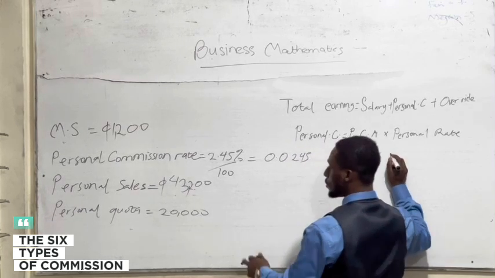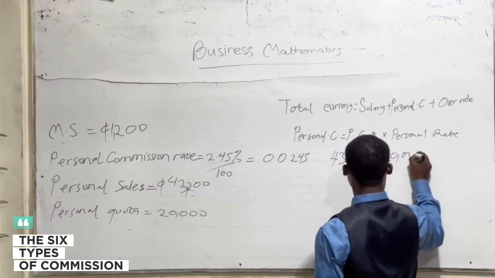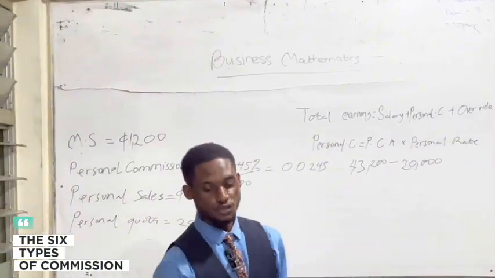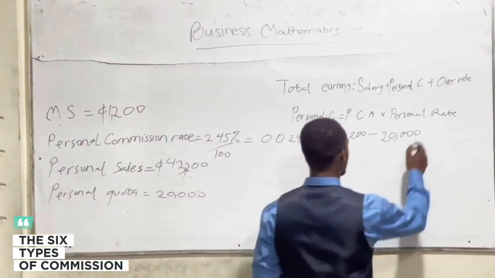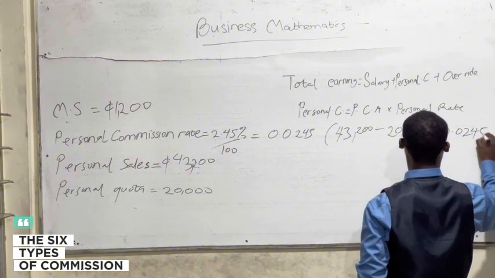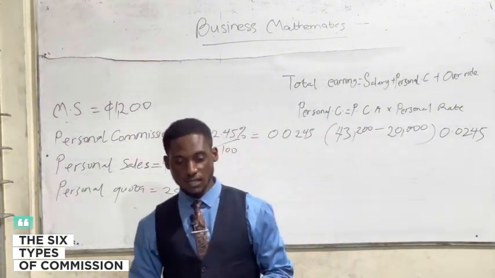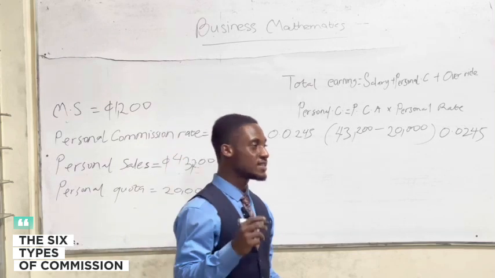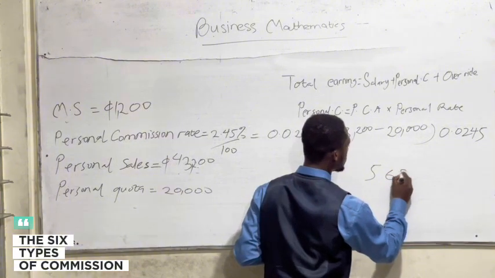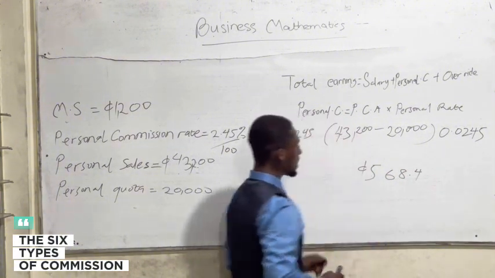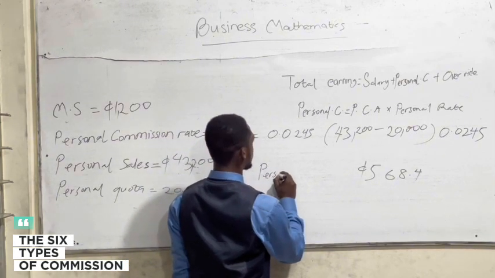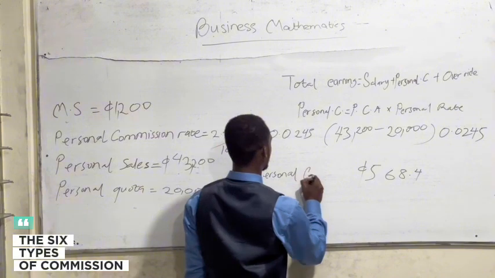the personal sales. So you take 20,000 from the 43,200, and you multiply it by your personal rate, and when this is done, you get a sum of 568.4 Ghana cedis, and this is your personal commission.